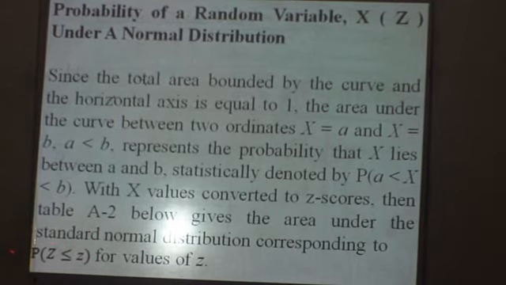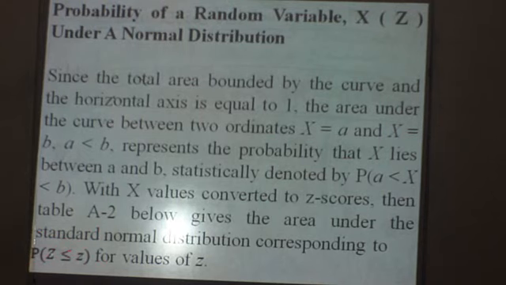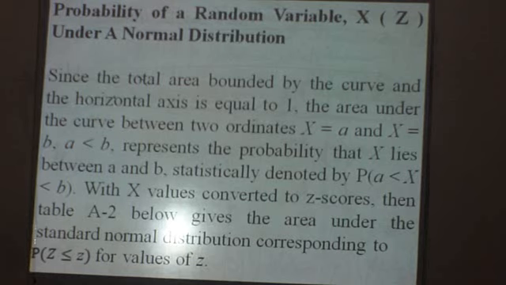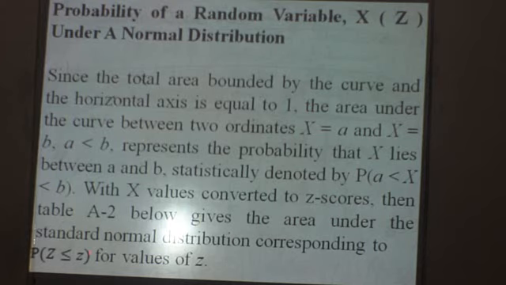Don't forget, the capital Z here is the random variable or the z-score for the population value, and the small z here is the z-score for the sample value. And as you know, we always use the sample value to estimate the population value.